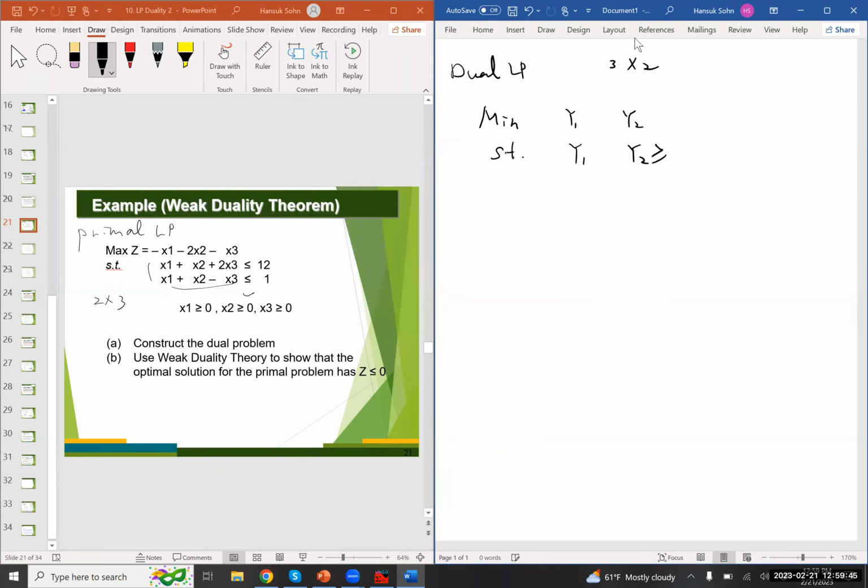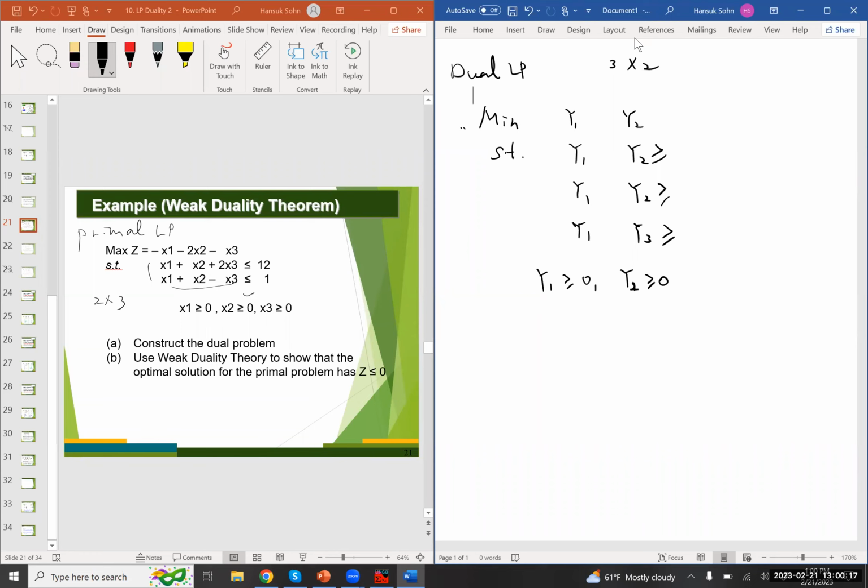So I'm going to write it down 3 times because we are going to have 3 dual constraints. And we know that both dual variables are greater than or equal to 0 because this is a standard primal LP, right?